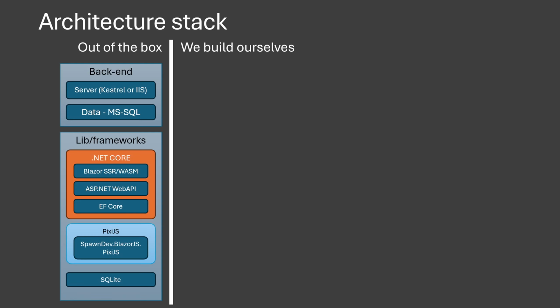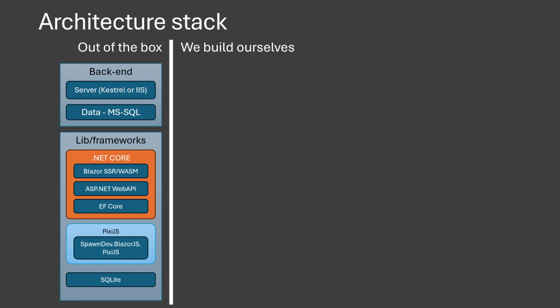So out of the box, we'll have the backend infrastructure sitting on top of the Microsoft ecosystem. I have not completely set this in stone. Any of this can change.